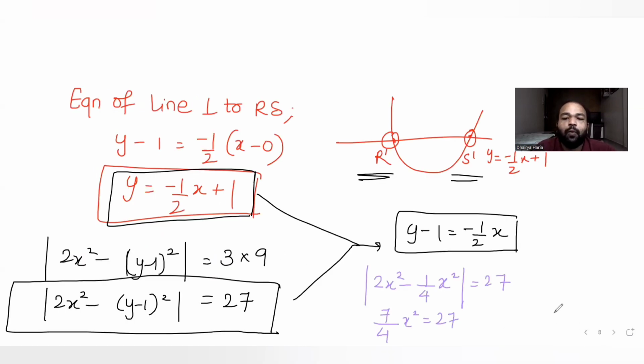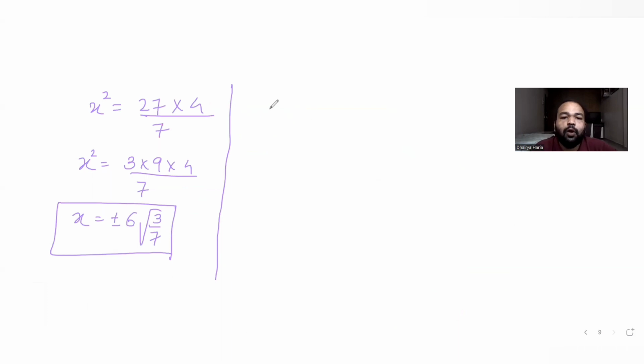Now if I try to find the y coordinate as well, y becomes 1 minus half x. We already know x is plus or minus 6 root 3 by 7.